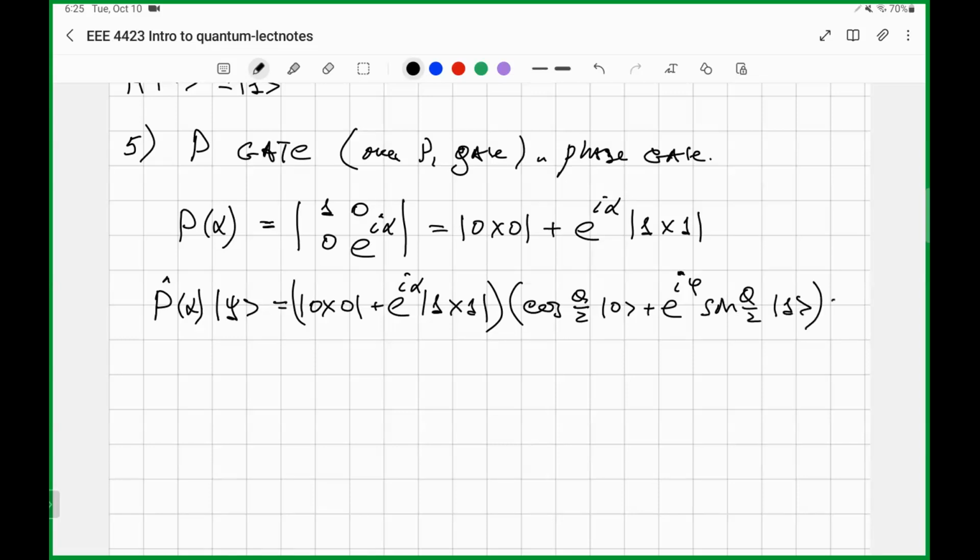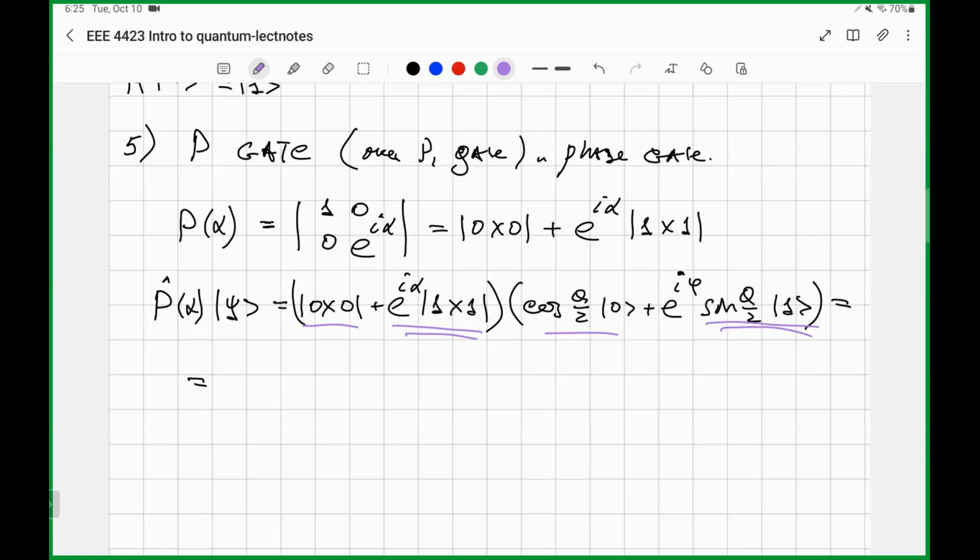All the cross terms, <0|1> and <1|0>, are equal to 0 because the states are orthogonal. So I have only the product of these two and the product of these two.